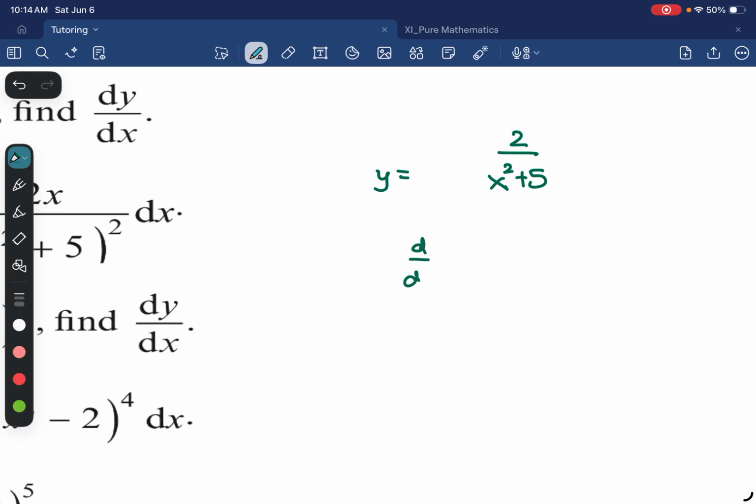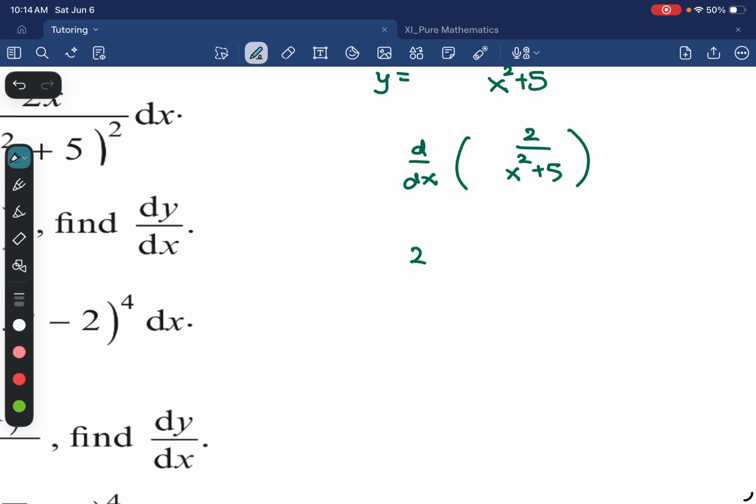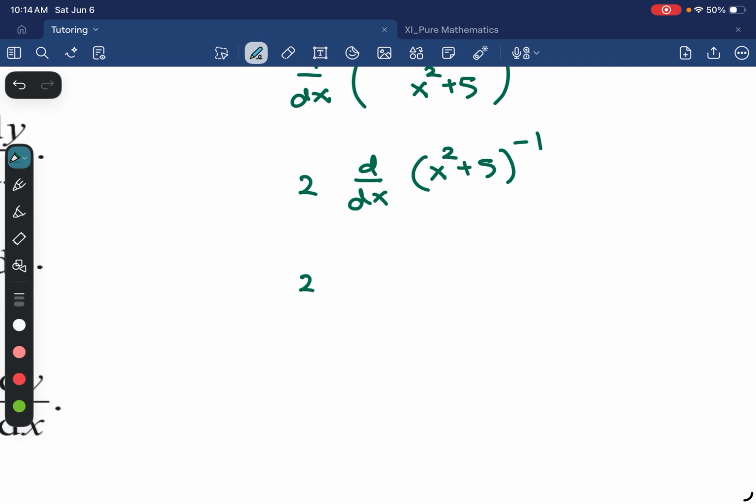So d by dx of 2 over x squared plus 5. So that is the same as 2 d by dx of x squared plus 5 to the power -1, right? I hope this step is clear. And now you bring your -1 to the front, x squared plus 5 to the power -2. You bring your power to the front, you decrease your power by 1.